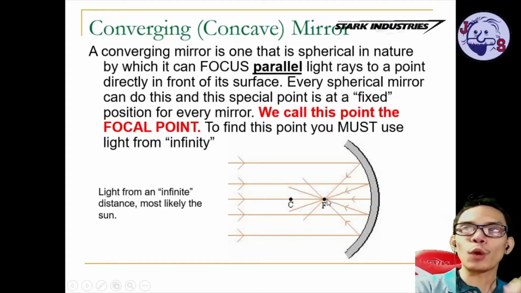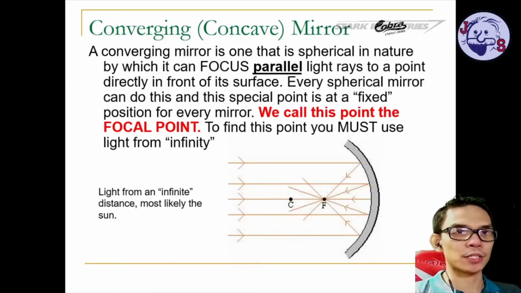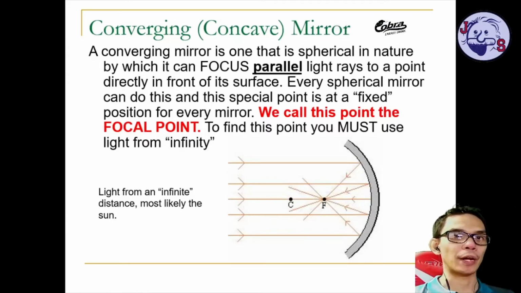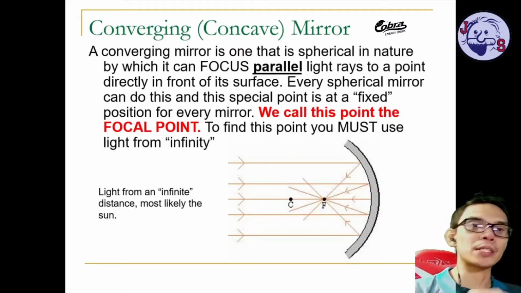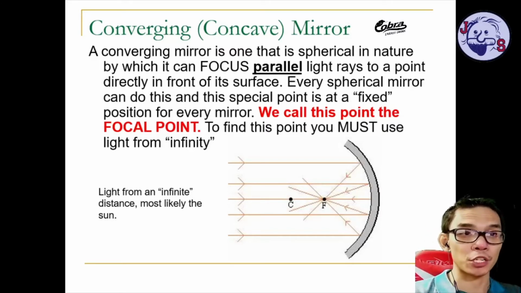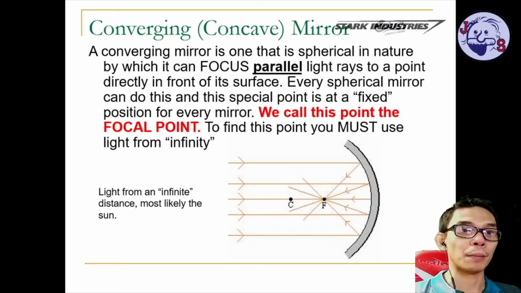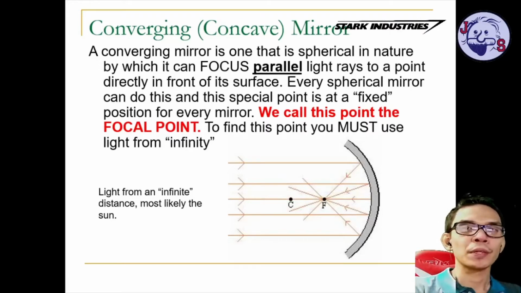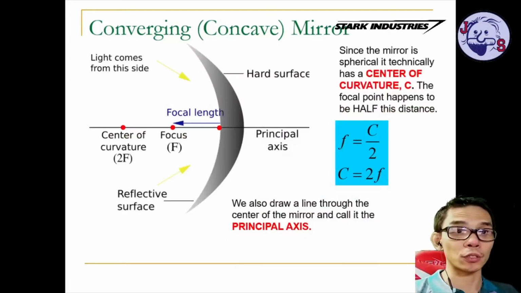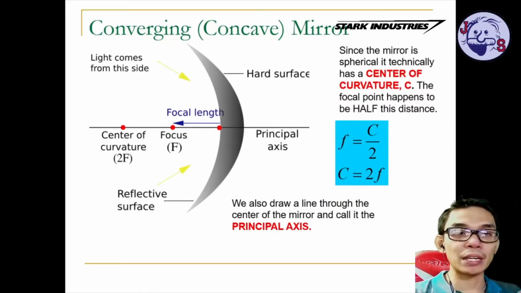What are the typical parts of a spherical mirror? Lenses also have the same parts. They share the same parts with the spherical mirror, but are completely different in some other aspects. These are the parts you should take note of when making a ray diagram.